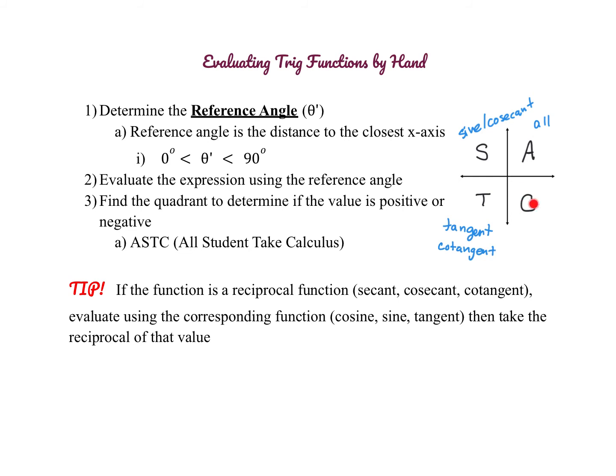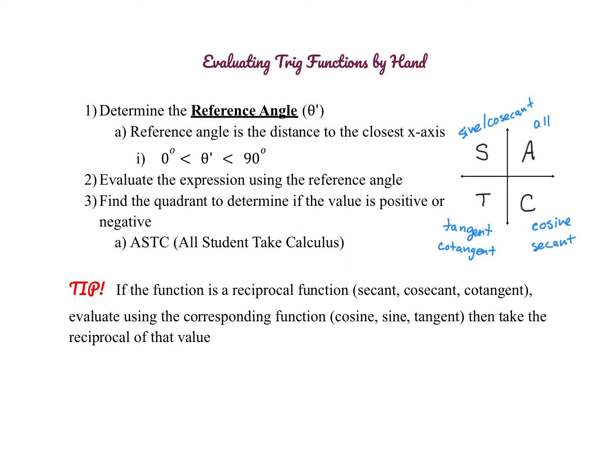And in quadrant 4, only cosine is positive, along with its reciprocal function, secant. So this little trick, all students take calculus, will help you determine if the function you're working with is positive or negative in that quadrant. So all, sine, tangent, cosine, and then the other functions would be negative in those quadrants.